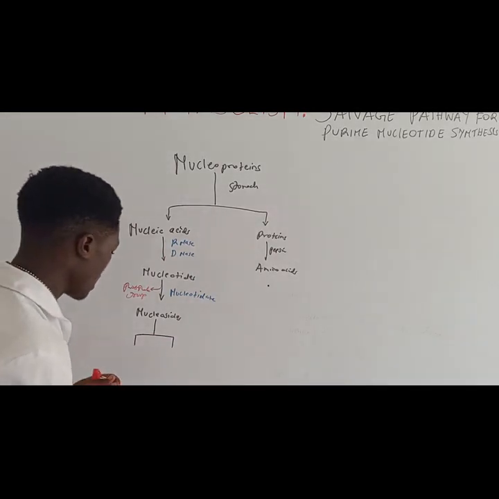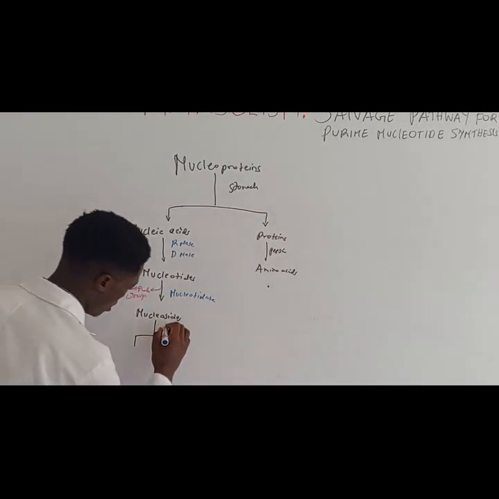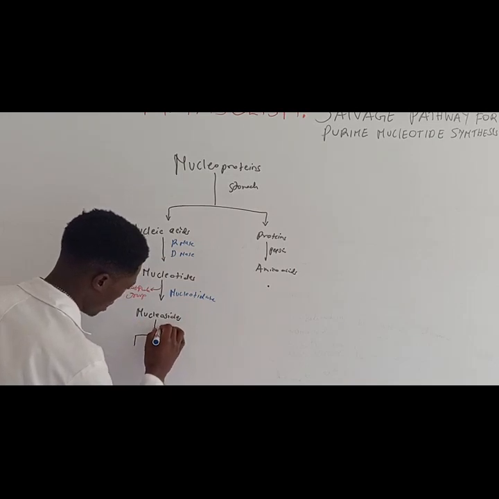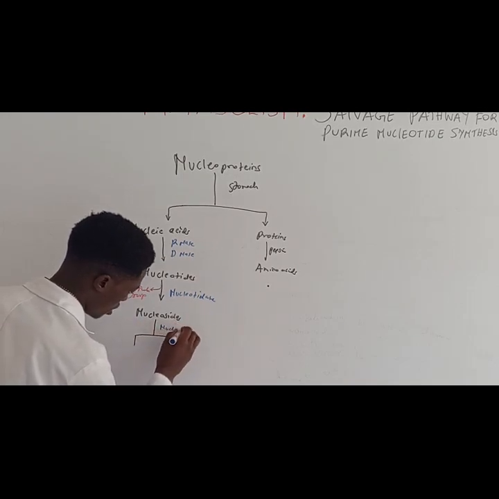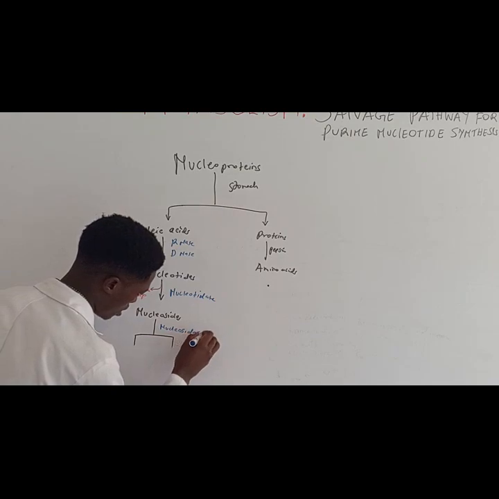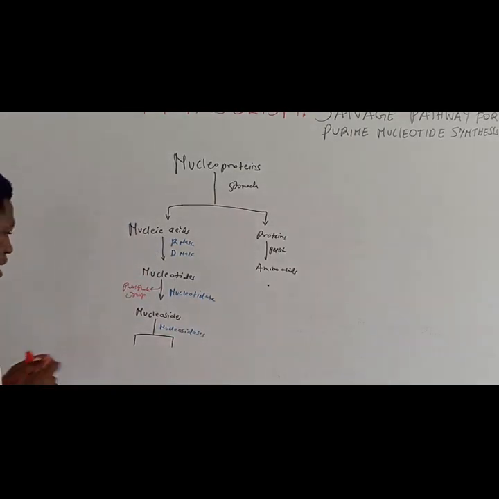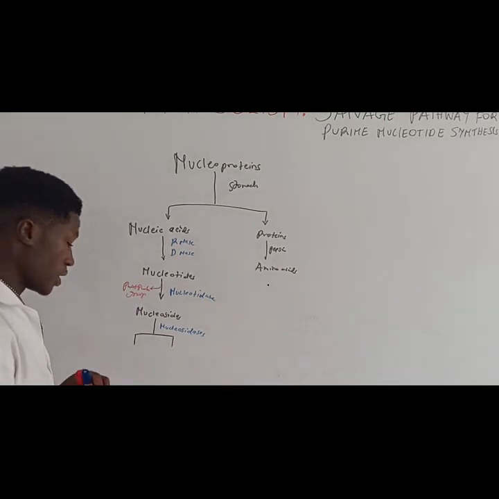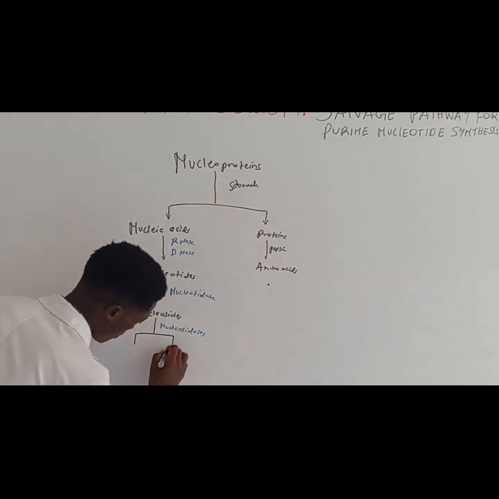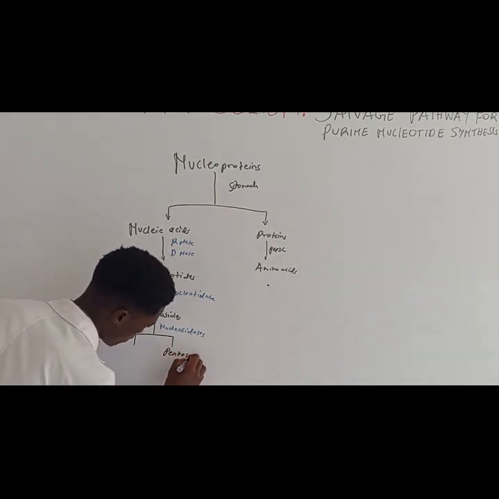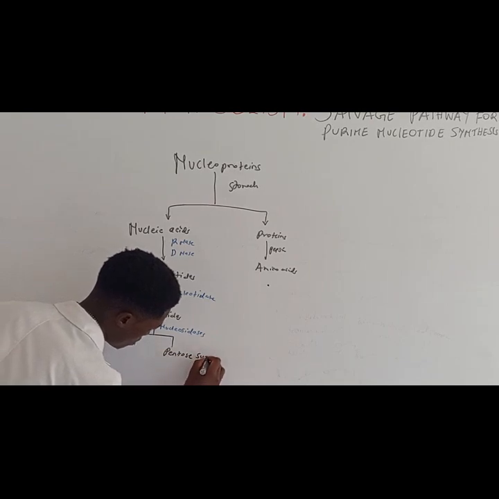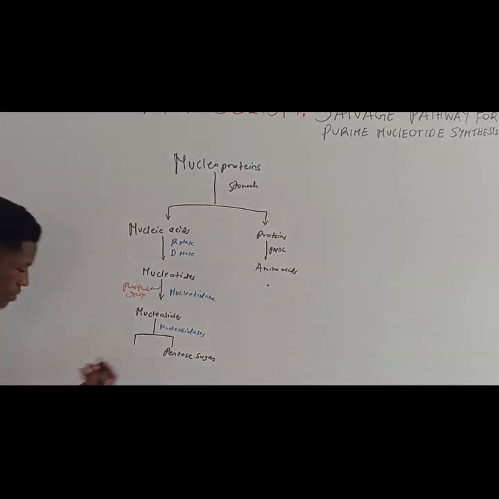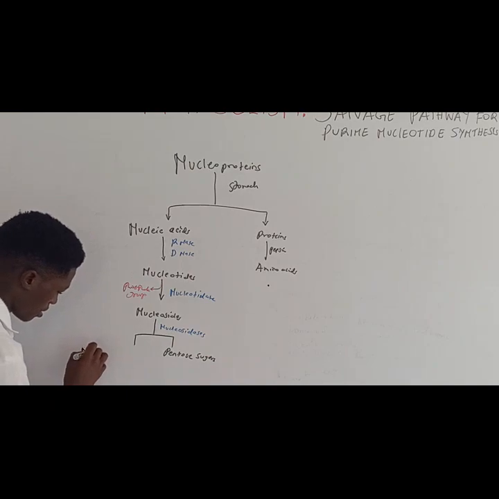Then nucleosides can be broken down by enzymes called nucleosidases, which are going to break the nucleosides into their individual components. The individual components of nucleosides are the pentose sugars and the nitrogenous bases.